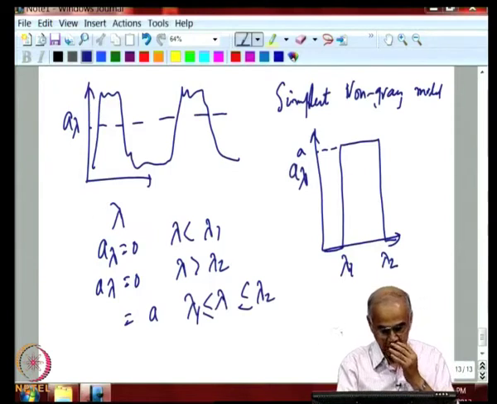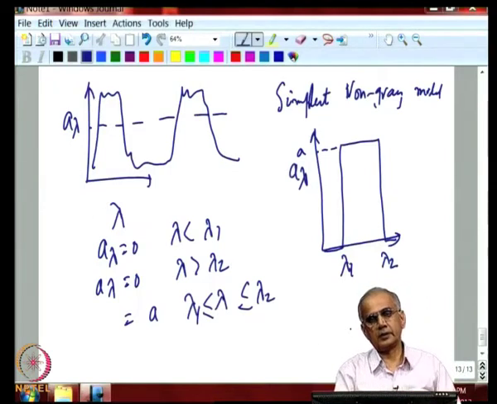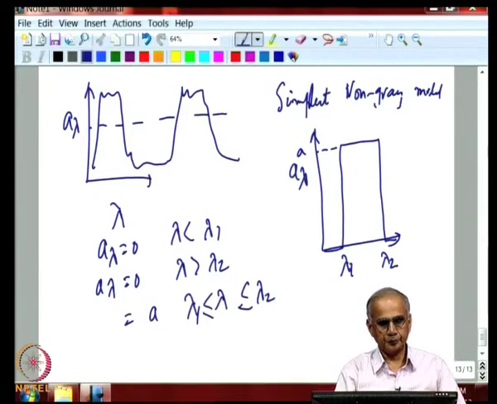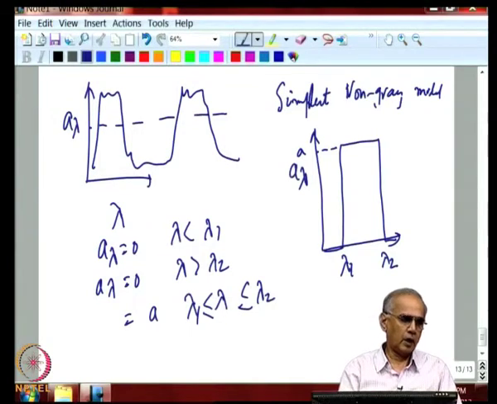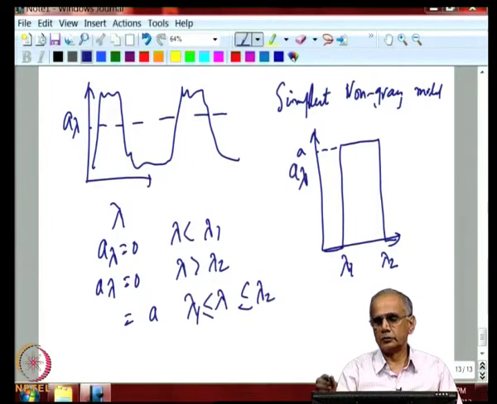So, there is a narrow region in which the gas is absorbing radiation, and outside this region the gas does not absorb radiation. This is of course a very crude representation of the real world, but it is a good teaching tool to explain how we take into account the non-gray characteristic of gas radiation.